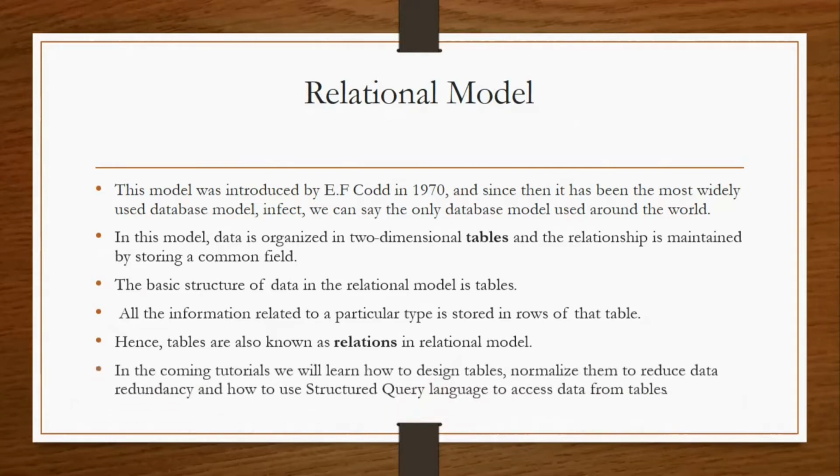In the coming tutorials, we will learn how to design tables, normalize them to reduce data redundancy, and use structured query language to access data from tables. For example, if we have a table of students and their departments, a lot of students have one department, and in one department there are a lot of students.